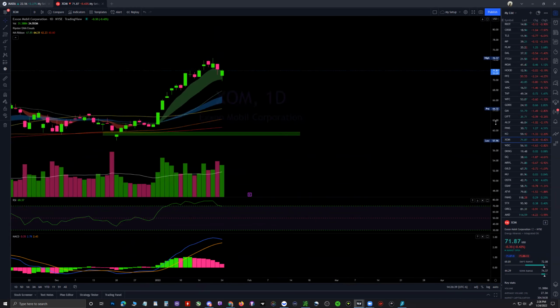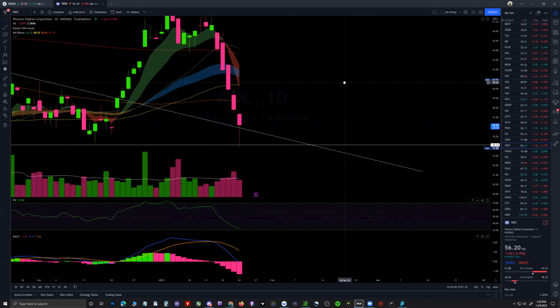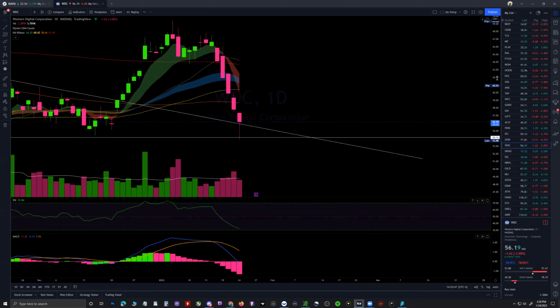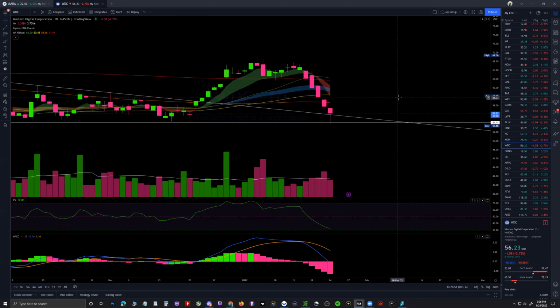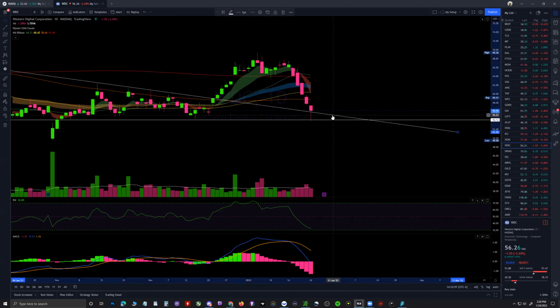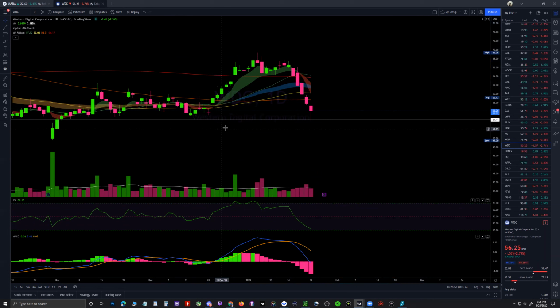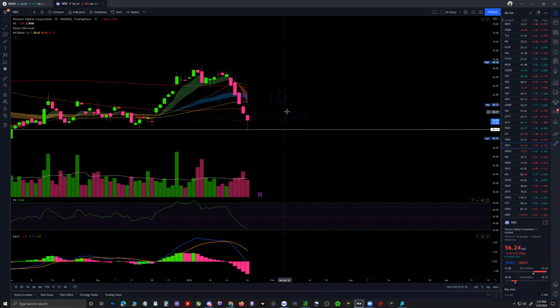Exxon, too choppy. Western Digital, yeah, huge rundown. But we could be looking at a bounce here. We had this support line drawn a long time ago, and it looks like it bounced right off of it.